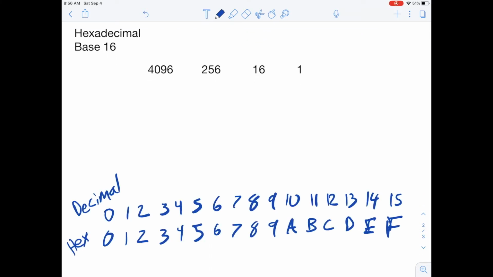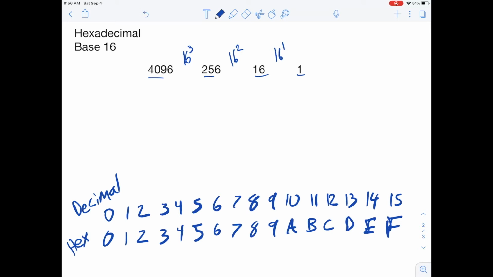In hexadecimal, or base 16, you could think of this as the ones place, 16th place, 256th place, or 4096th place. You can also think of it as 16 to the first power, 16 to the second, 16 to the third power.